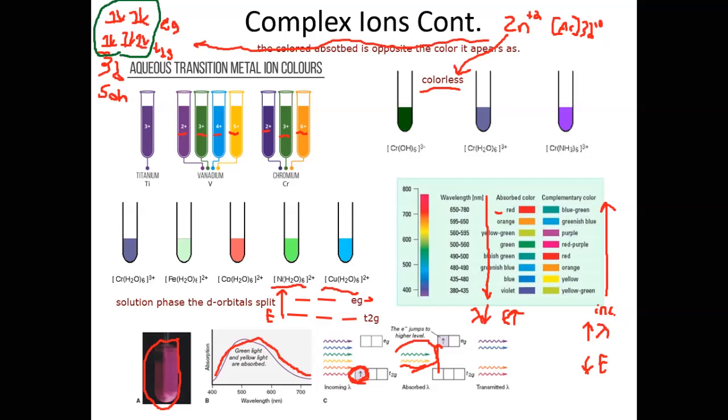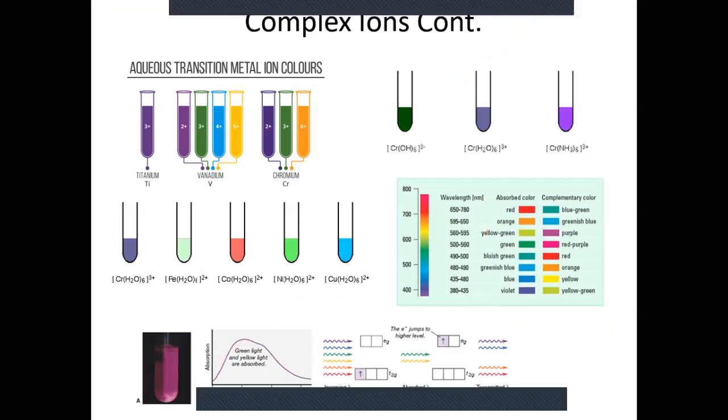This is why transition metals give you vibrant colors, because of this movement of an electron from a lower d orbital to a higher d orbital. So obviously what we're going to do to phosphoric acid is add some transition metal, or a transition metal complex, to give it some color.